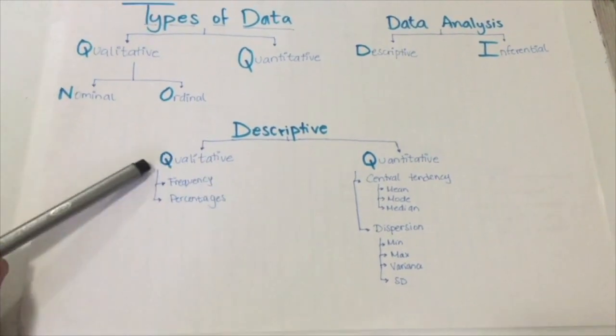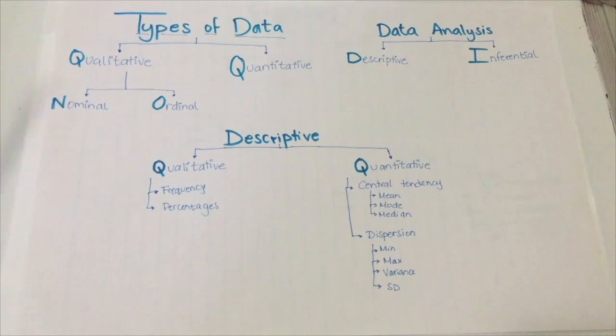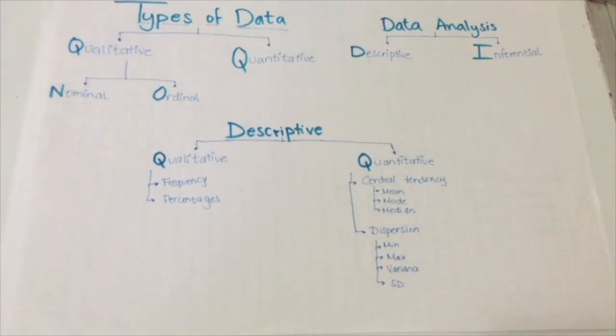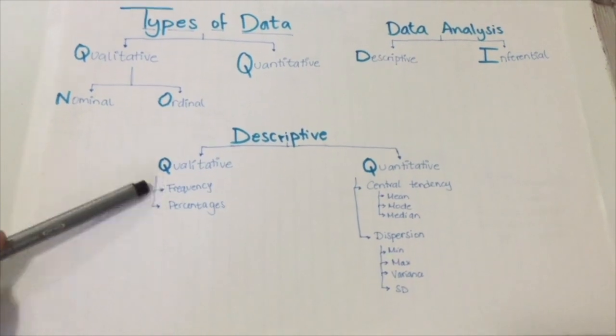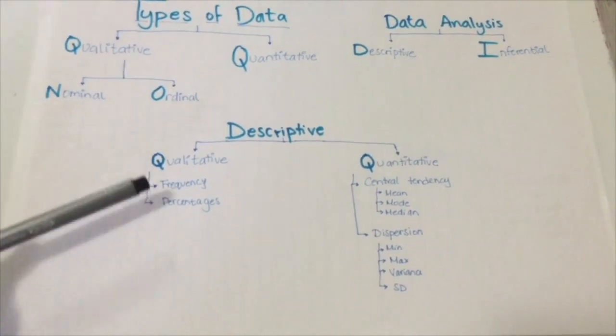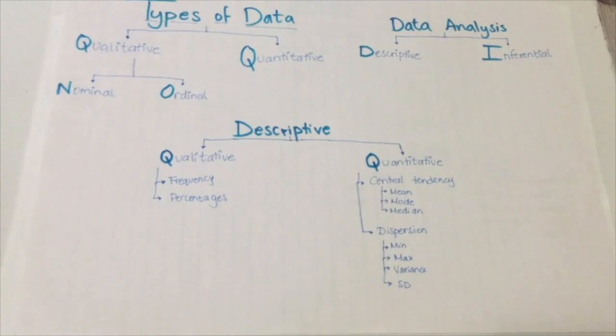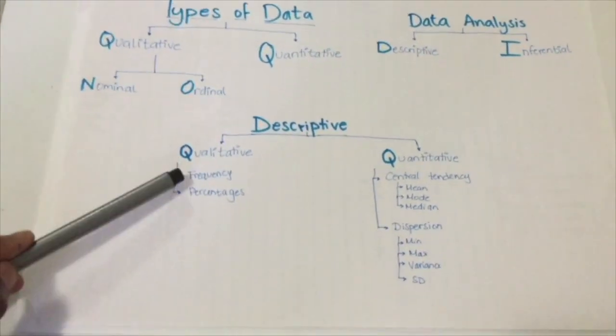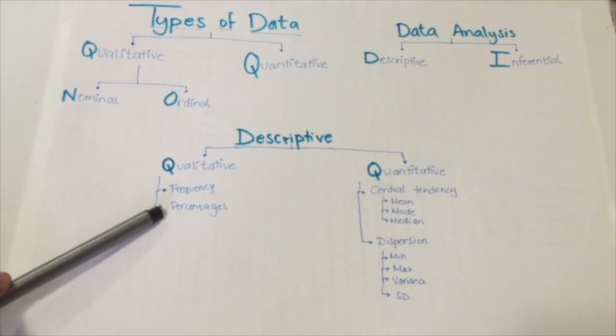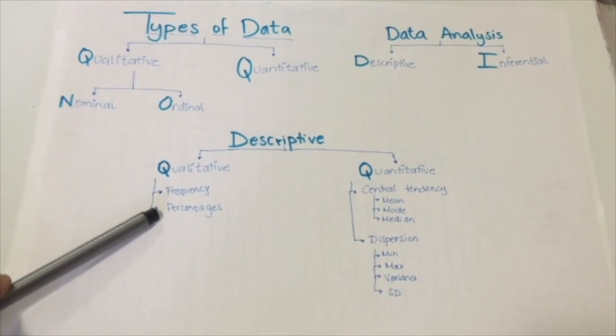So since it's not a number, you can't exactly add them to each other to make a mean, right? So what we do is find the frequency of the data. So how many times do we see this? How many times do we see that? Is this more than that, and so on? We can also find the percentages of each of them. I will be showing you an example in a bit.